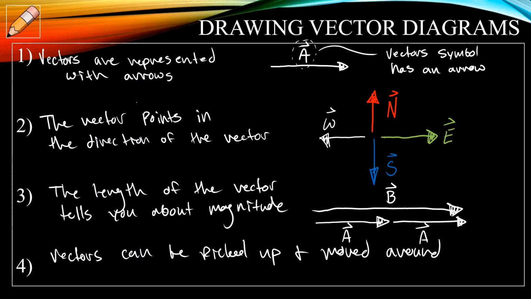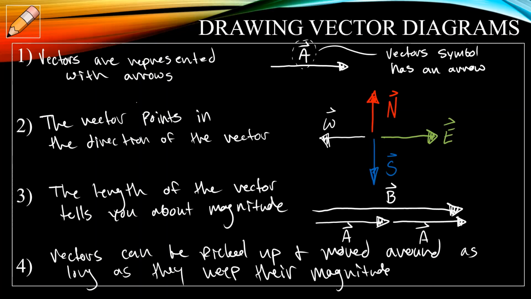The only thing that you have to make sure is that they keep their magnitude and direction. I can take this vector A and I can move it here, I can move it anywhere, as long as whenever I put it in that new place, it has the same magnitude and is pointing in the same direction. And that's another thing that we can do with vectors.